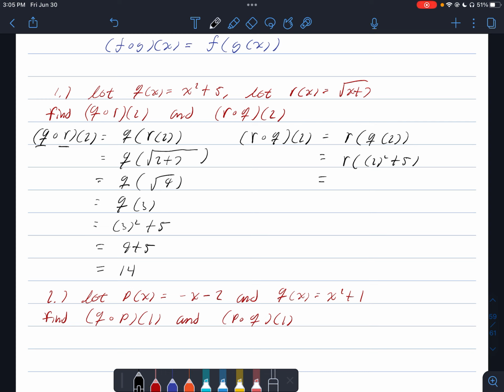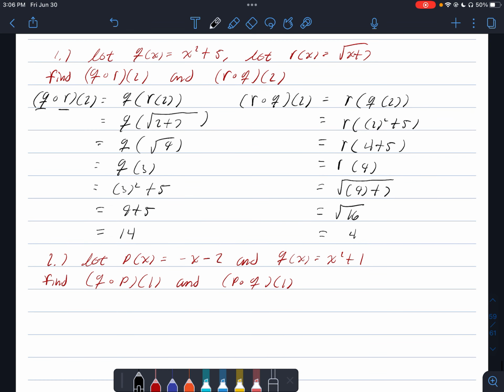This will be r of 4 plus 5, which is r of 9. And then that is the square root of 9 plus 7, or the square root of 16, which is 4. So these are not necessarily going to be equal to each other.